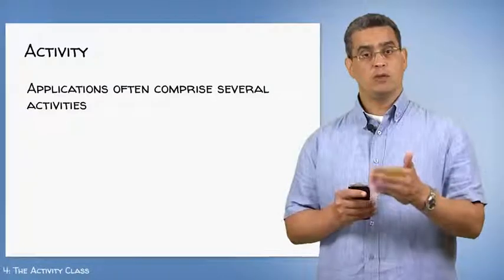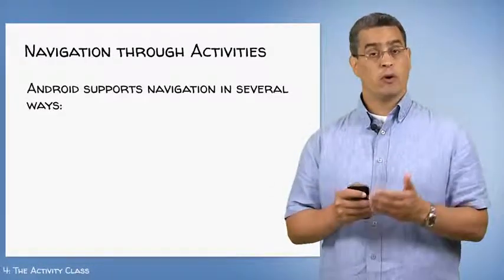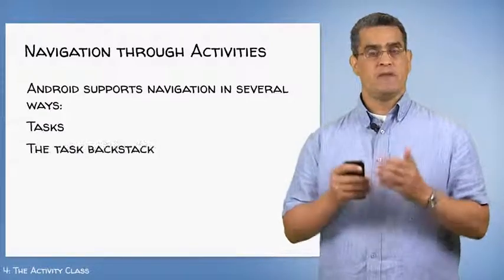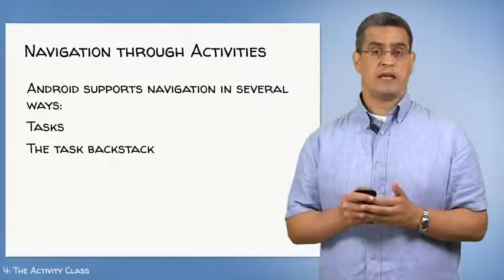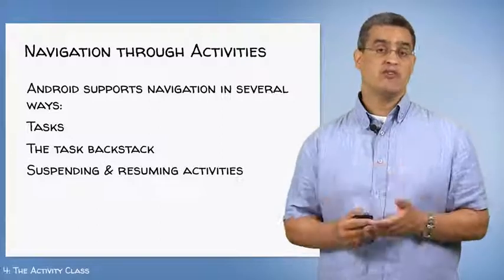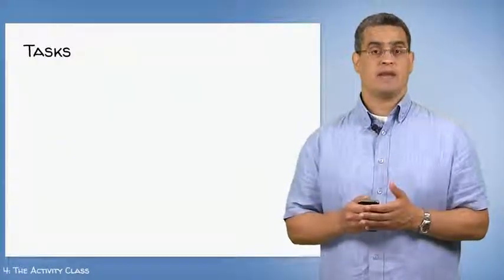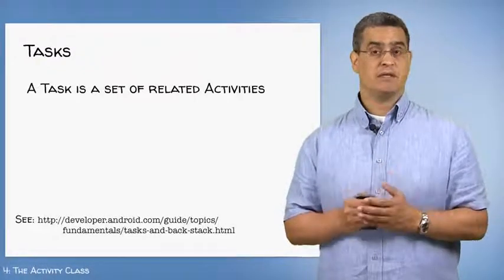And Android helps users do this navigation in a couple of ways. By supporting the concept of tasks, by providing a task backstack for managing the specific activities through which the user is navigating, and by ensuring that activities are properly suspended and resumed as they're pushed on and popped off the task backstack. In Android, a task is simply a set of related activities.